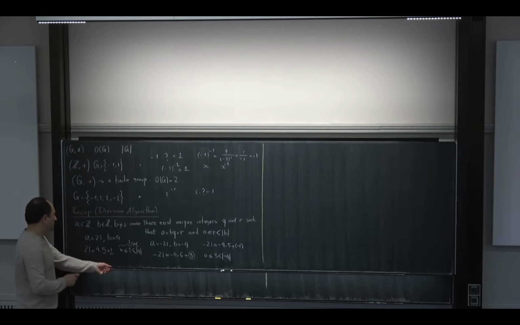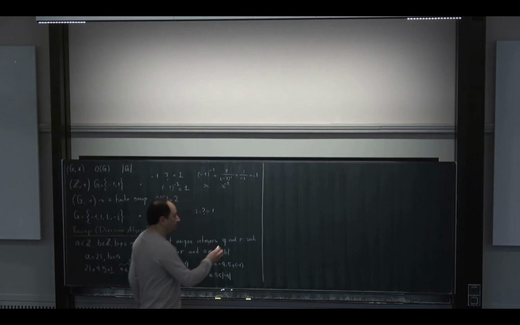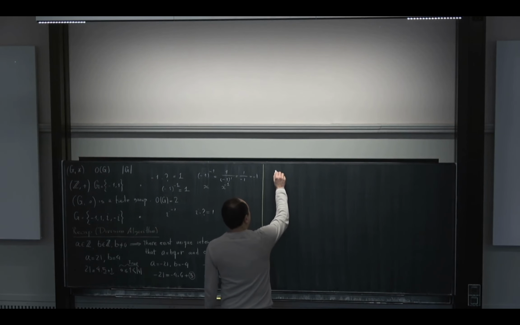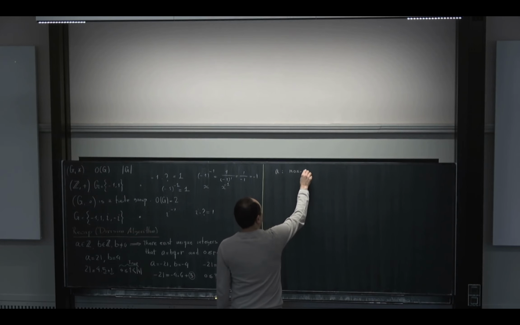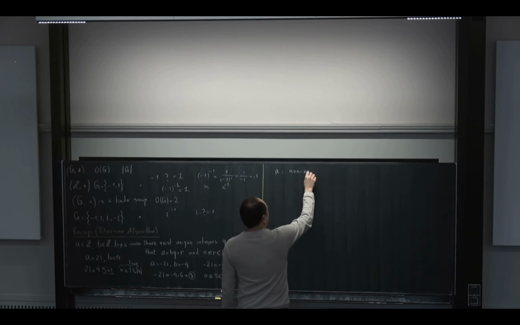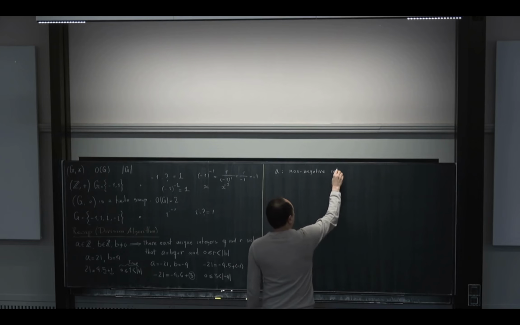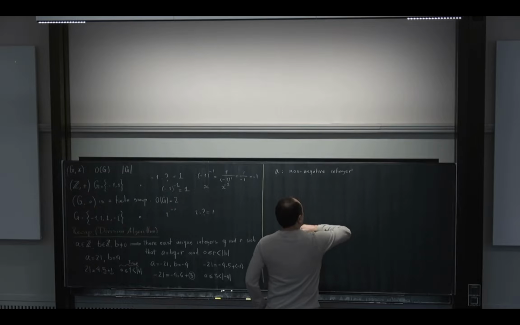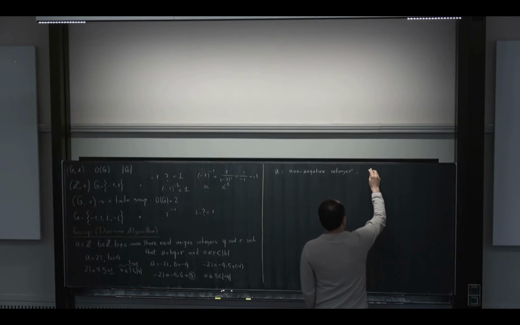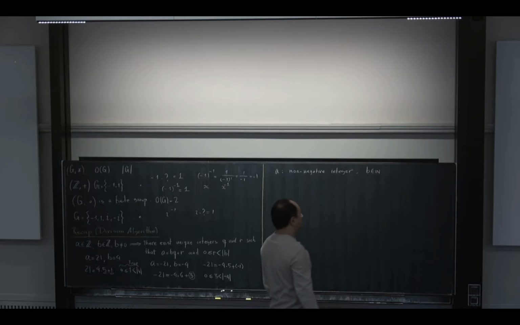Okay. But now one particular case of this is important for us. In this course, we usually have A to be a non-negative integer. So if A is a non-negative integer, yes, and then B belongs to N. In this course, I told you N starts from 1.